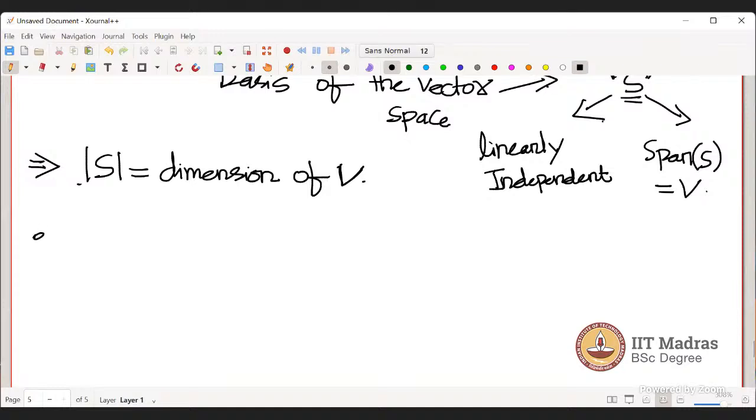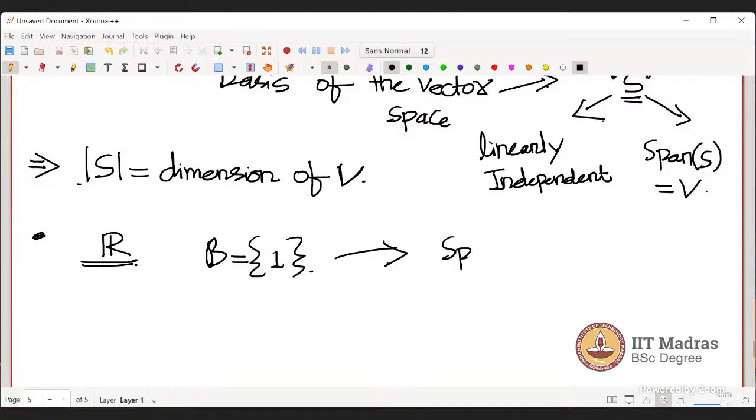So for example, what is the dimension of R? It will have one basis, so 1. Give me an example of a basis of R. 1. Yeah, this is a basis of R. We have already proved that the span of B is R, I guess in the very beginning.